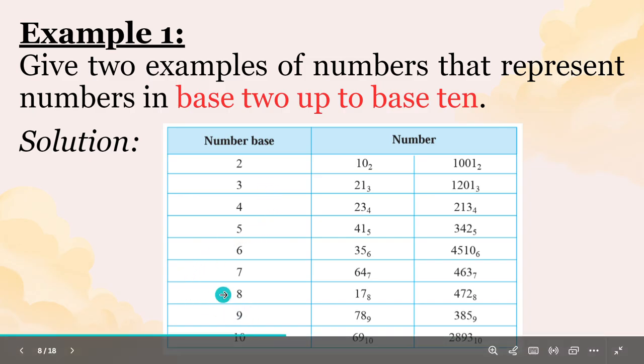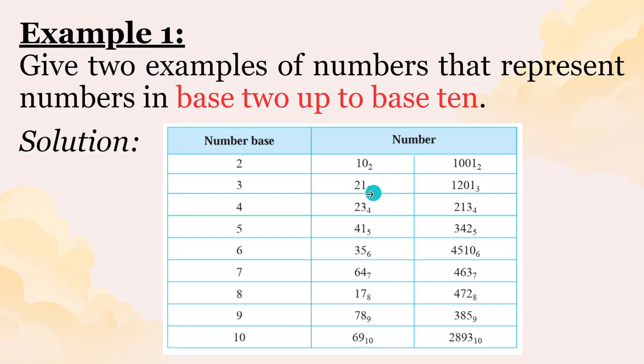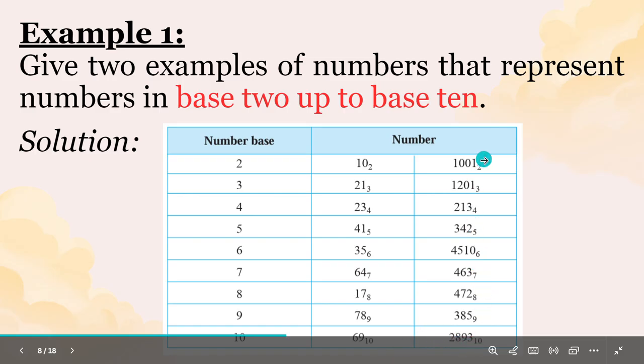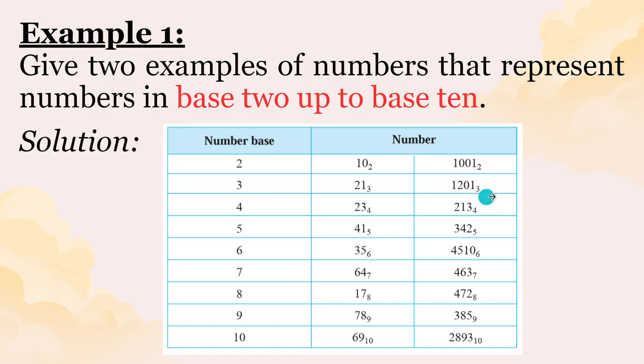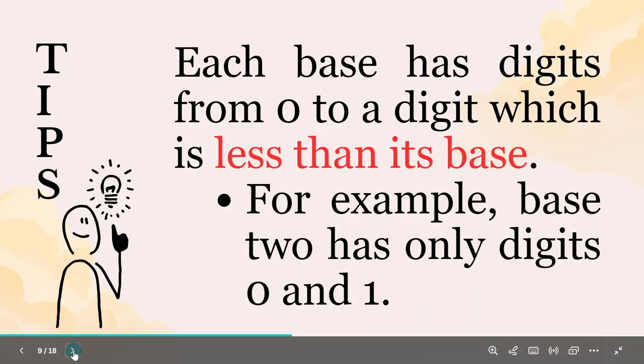Same with the other example, base 8, 17 base 8. The digits 1 and 7 do not exceed 8. Just remember to write down the base at the bottom. Actually, we do not need to write down base 10 at the bottom because we usually use base 10 in our daily life.